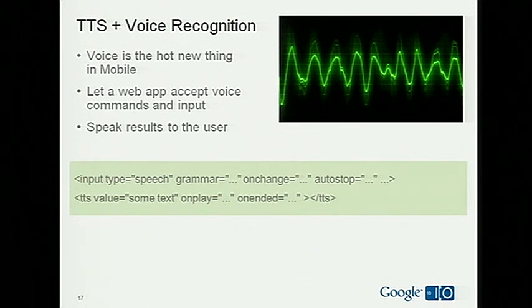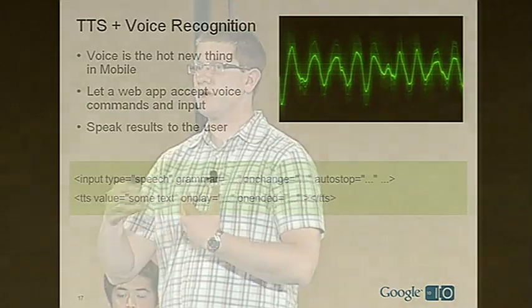How do we do it, though? We don't want to just give you a giant WAV file and say, here you go, figure out what the user said. That wouldn't actually be that useful. So we're adding a new input tag, called input type equals speech. Our vision is that, like input type equals text, it will probably produce a little text area, but also have a little microphone button that the user can click to say, yes, I actually want to speak now, and I want you to recognize when I'm speaking.